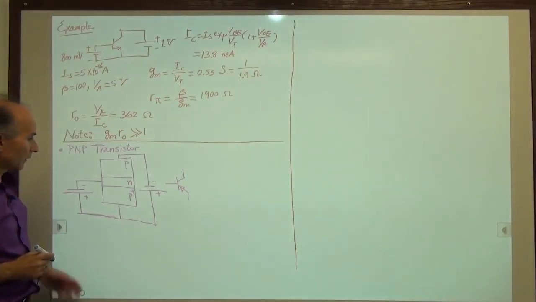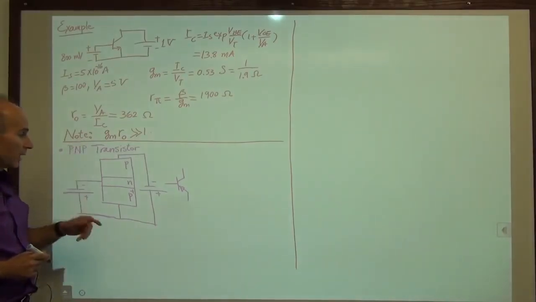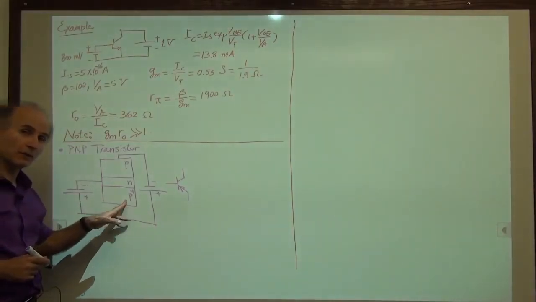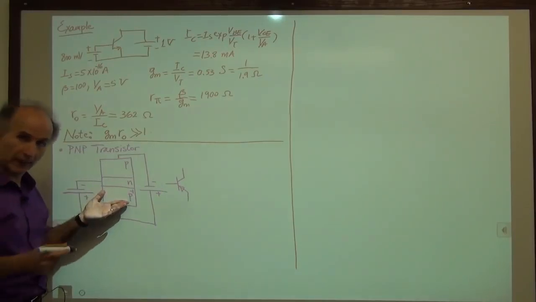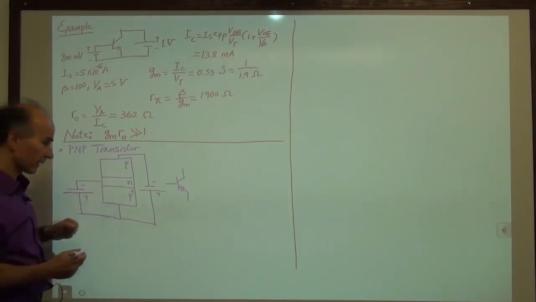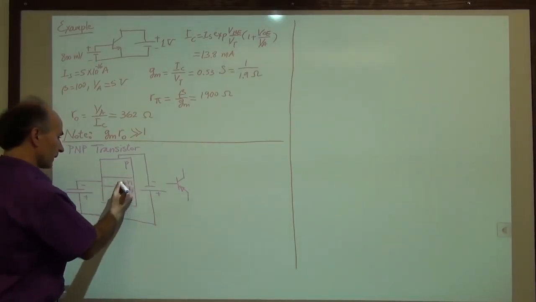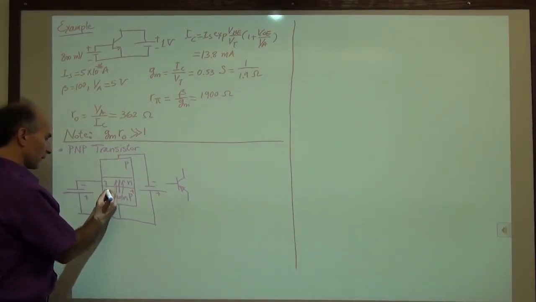Okay, how does the current flow here? Well, remember in the case of NPN, we said we have electrons starting from N plus and flowing to the base. Now here, as you might guess, we have a lot of holes going from P plus to N. So we have lots of holes going this way, and then we have a few electrons going this way.